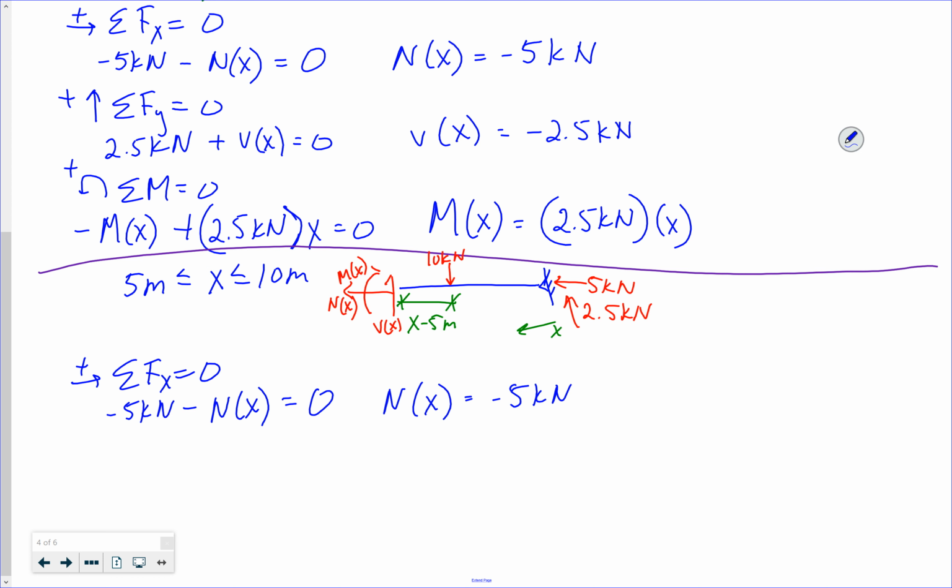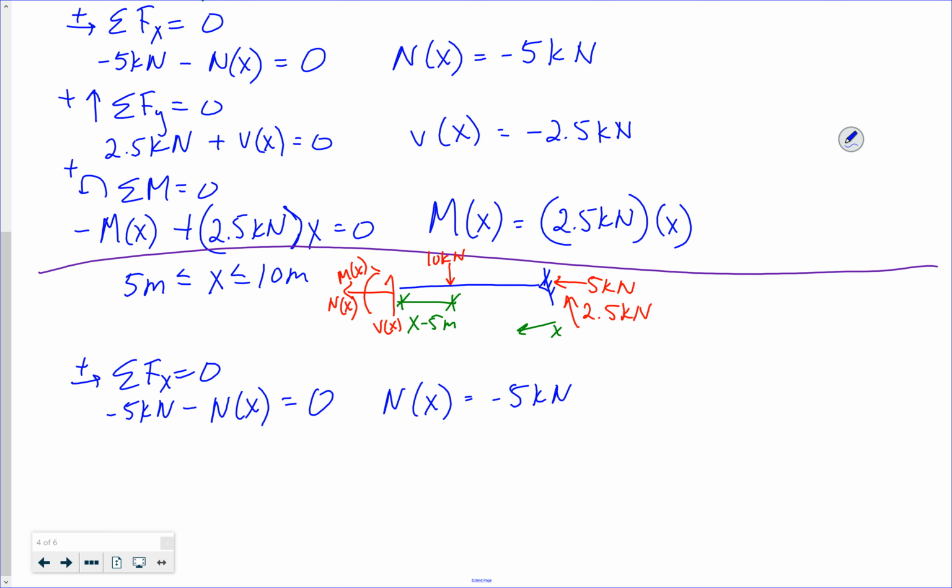Generally, axial force does not change over the length of a beam or a column, unless you have another applied load, right?